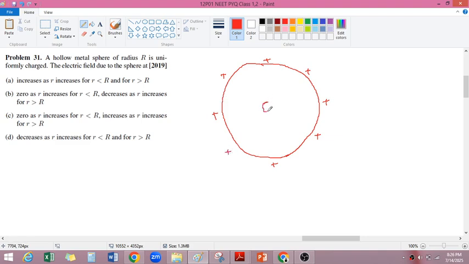So electric field here is zero, but as you go out, at the radius it will be high, and then as you go away from the sphere the electric field will drop according to 1 by r, sorry, 1 by r squared. Here in this region electric field is zero inside the radius.